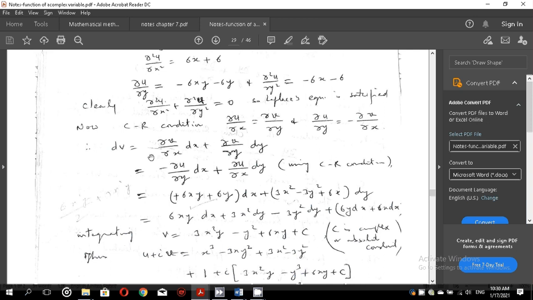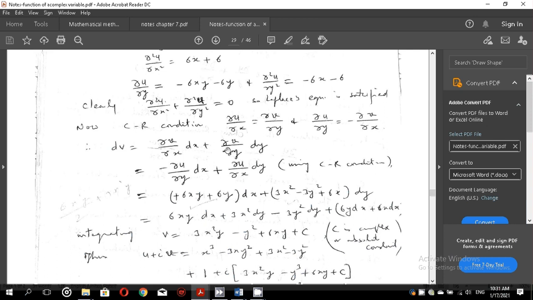and from these two conditions we obtain the differential of v equal to partial v by partial x into dx, plus partial v by partial y into dy, and this is equal to, by CR condition, this partial v by partial x is minus derivative of u with respect to y.